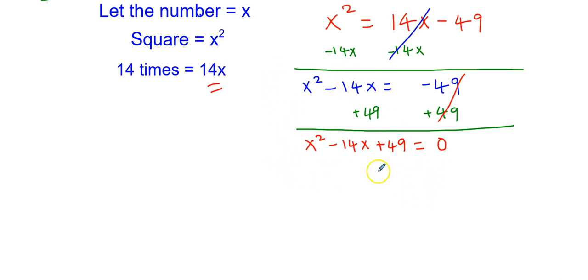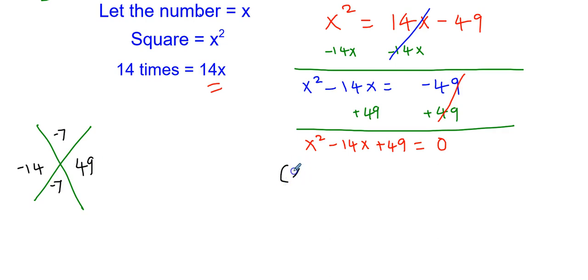Using completing the square or finding the two numbers, any of the two methods you can use. The easiest way is this. I have negative 14 as the sum, and the product I'm looking for is 49. You know that 7 times 7 is 49, and negative 7 plus negative 7 gives you negative 14, and multiplying those two gives positive 49.